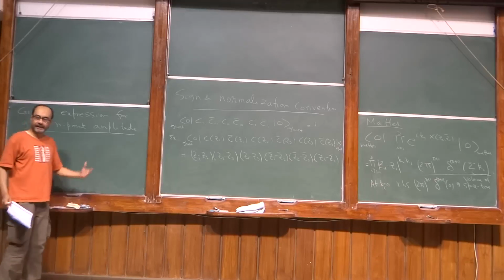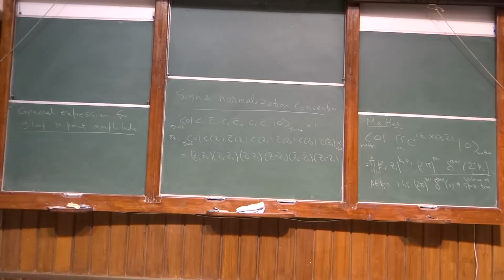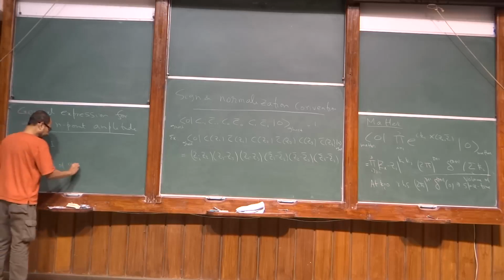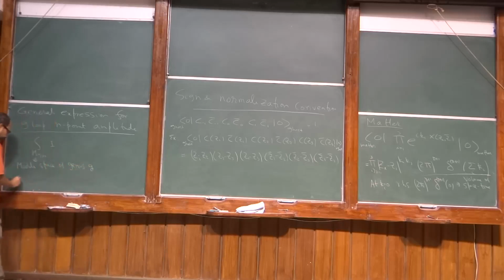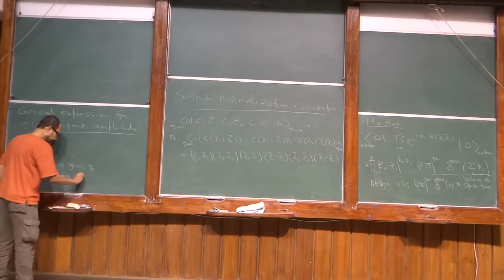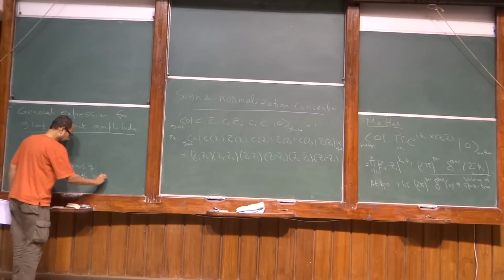So let me first write down schematically how it should look. For the on-shell amplitude, it will be an integration over something I'll call M_{g,n}. This is the moduli space of genus g Riemann surfaces with n punctures.